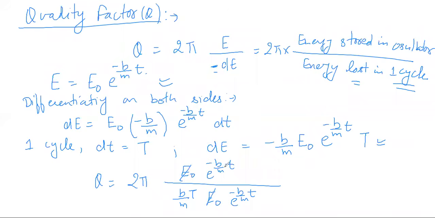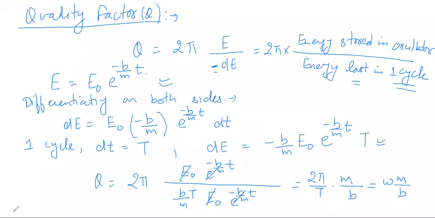This 2 will cancel. So you will have 2 pi by t, m upon b. 2 pi by t we know is equal to omega. So this is your quality factor, for a mechanical damped oscillator.